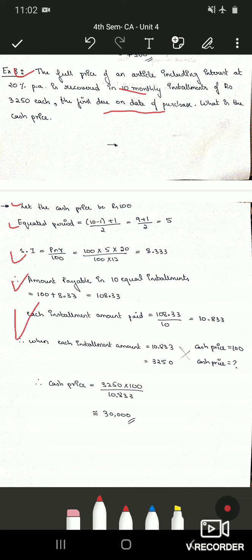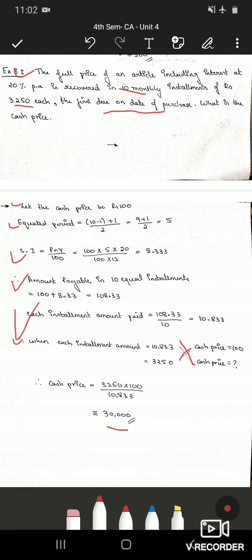So each installment amount paid is the total amount payable divided by the number of installments, so you get 10.833. Now when each installment amount is 10.833, the cash price was 100; given each installment amount to be 3250, what is the cash price? Cross multiply, you will get the cash price as 30,000 rupees.